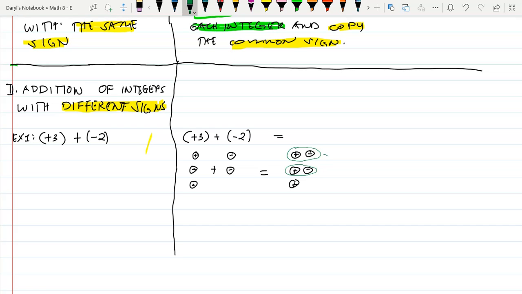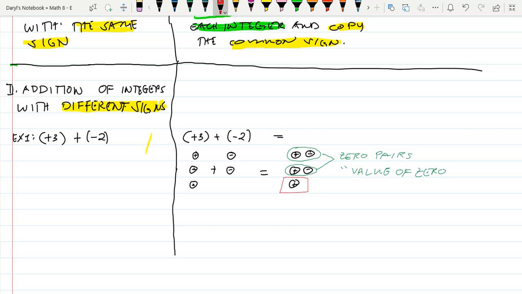At the start of this discussion, is it not that we call this a zero pair? In this case, you have 2 zero pairs. That means that the value of such would be the same as 0. So essentially, what is left is just your 1 positive chip.